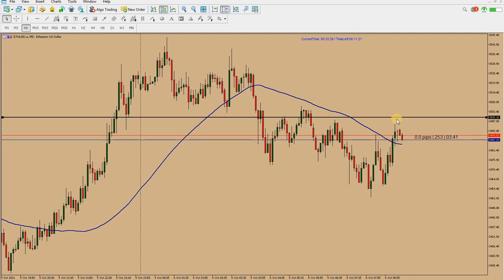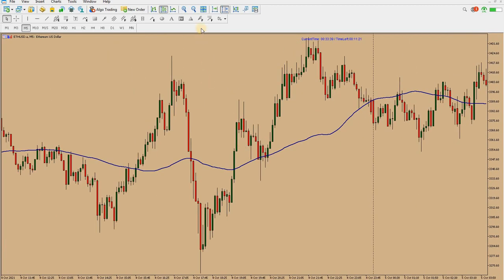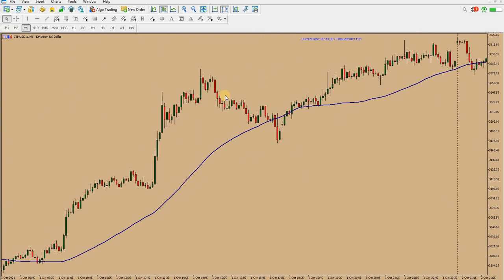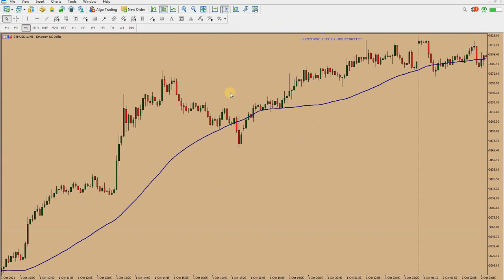We're not going to sell only because it hit the resistance, and this resistance was a past resistance and things like that. Of course, if you go through the past, then you will see these are the things.